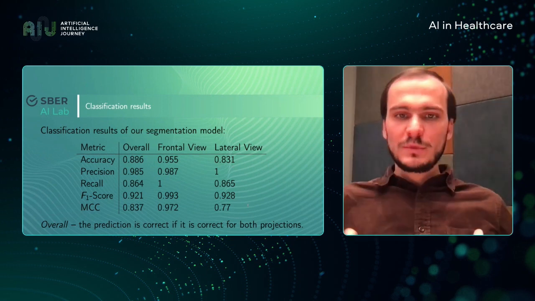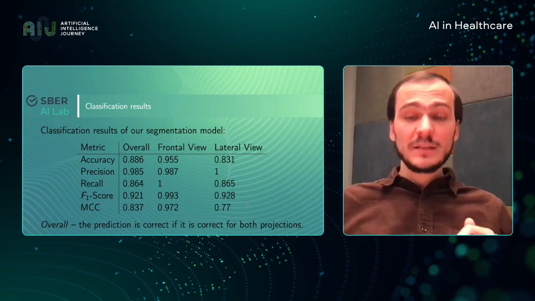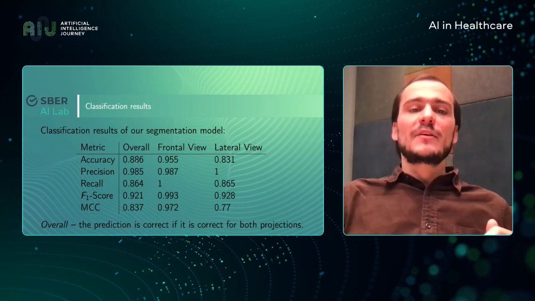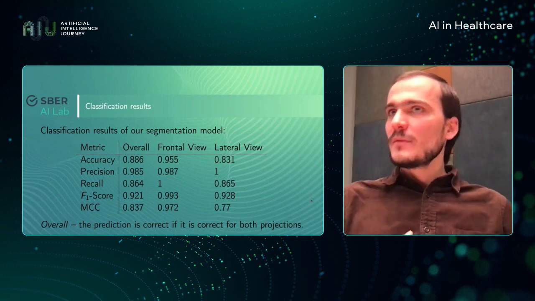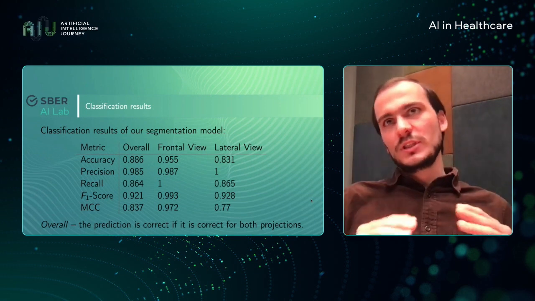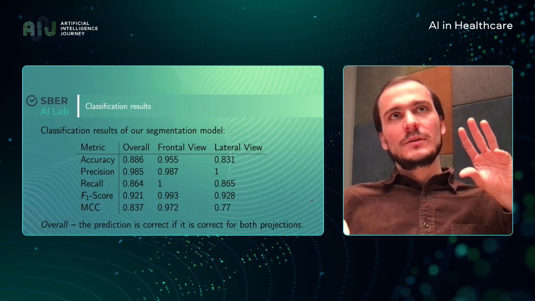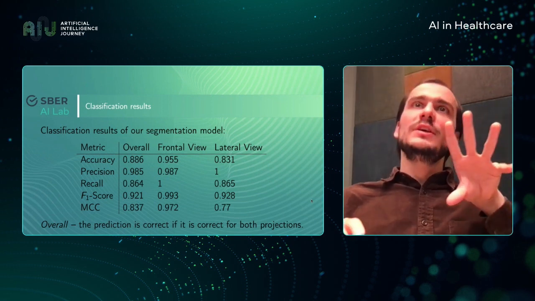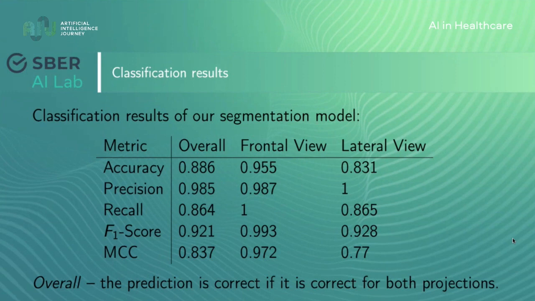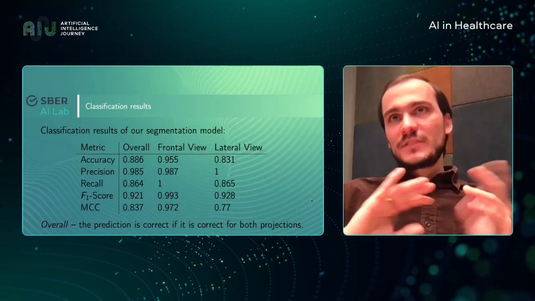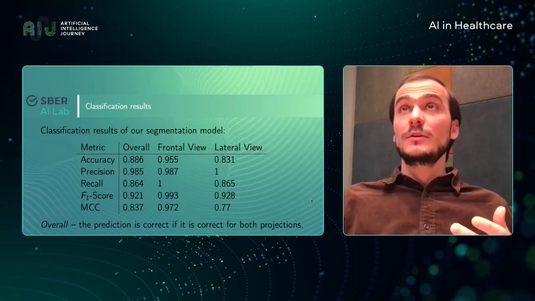And bars 2 and 3 show the metrics calculated for the frontal and lateral views. And the first bar shows the metrics in general. And here the approach is a bit different. If the model shows pneumonia on the frontal view, and this coincides with what doctors say, and if it happens for both frontal and lateral views, and the predictions of the model coincide with what doctors predict, then this is the right answer.